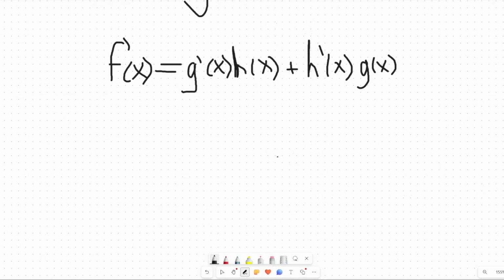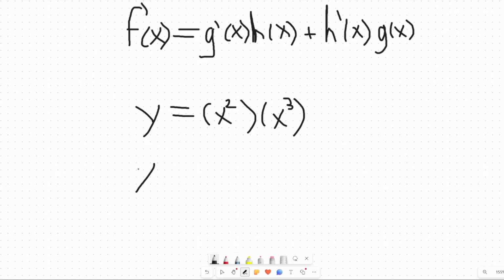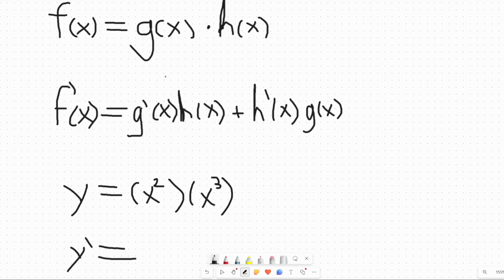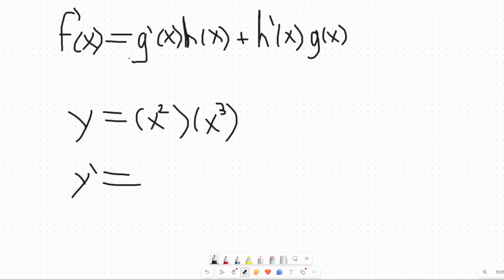So to start off with an example, we have y equal to x squared times x cubed. Now we want to find y prime. According to our rules up here, y prime is equal to g prime times h of x.